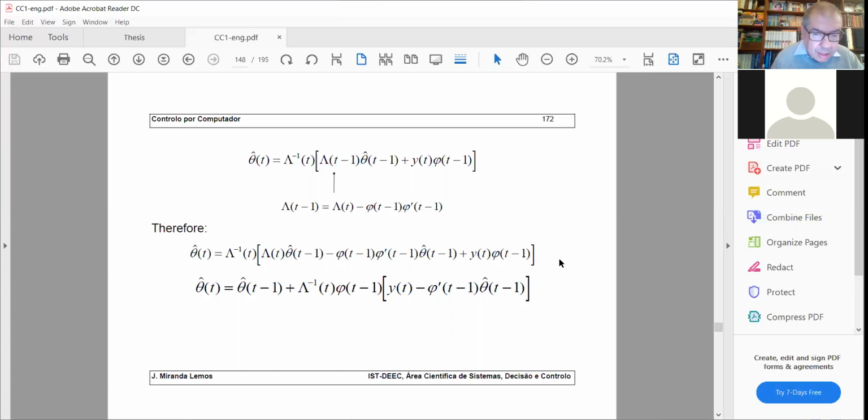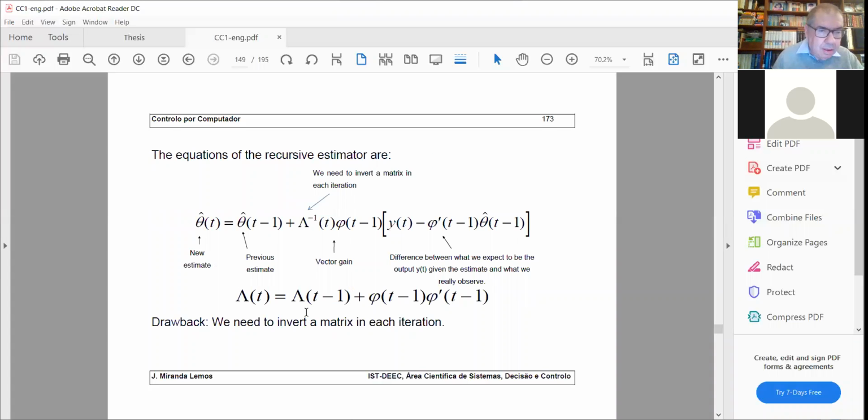Now, this formula already has some interest, because what are we saying? Let's move to the next slide. We are saying that the new estimate is the previous estimate plus a correction. This here is a correction. You receive the new data point and you make a correction to the previous estimate to get a new estimate.